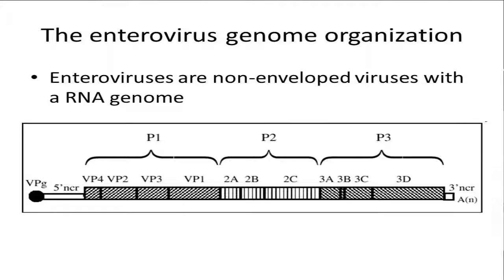This is the genome of an enterovirus in general. You have a structural region, the P1 region, that codes for 4 different proteins that form the structure of the virus. Then you have 2 regions that code for non-structural proteins. You have a 3' untranslated region and a 5' untranslated region.